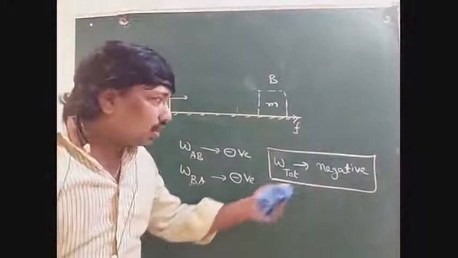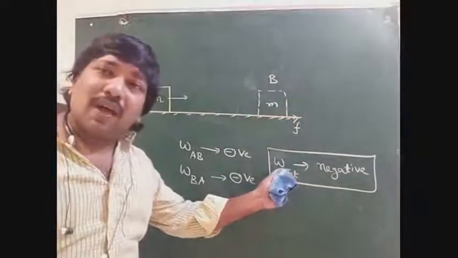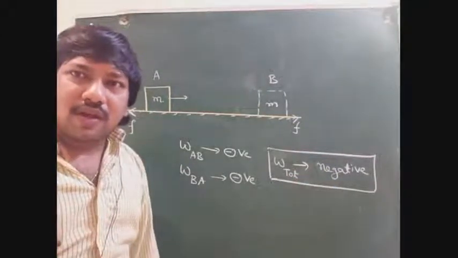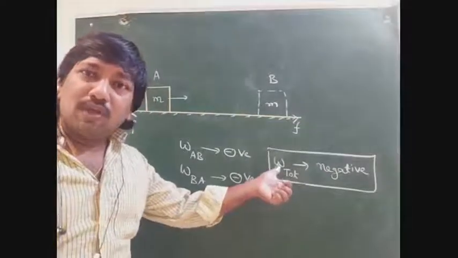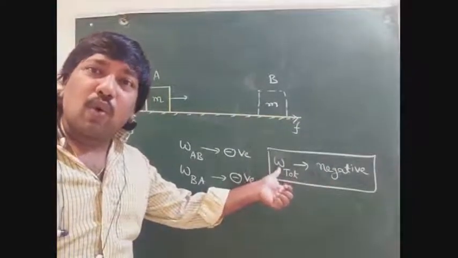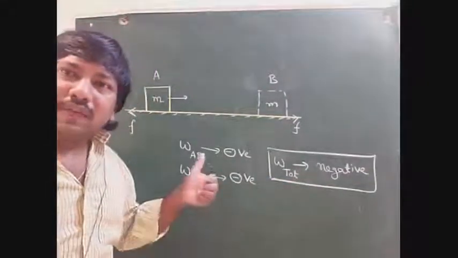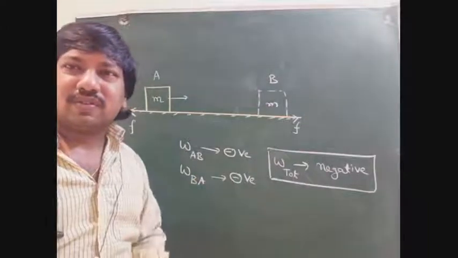So the total work done by the force around the closed path is not equal to 0. Such forces are called non-conservative forces. So in this example, the total work done around the closed trip is negative. So frictional force is a non-conservative force. Okay, thank you.